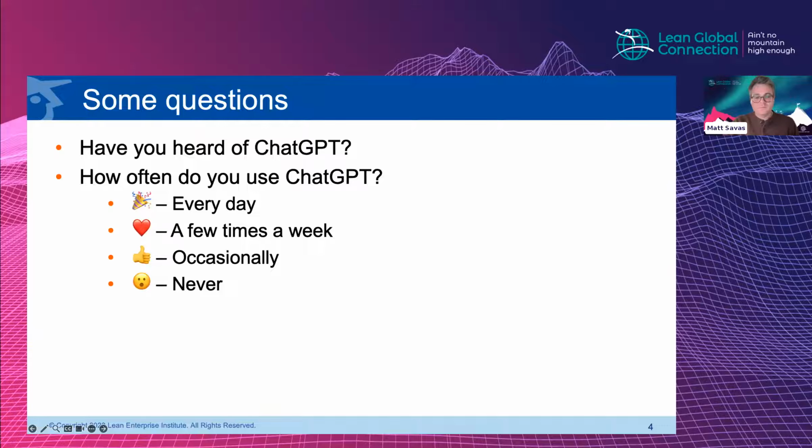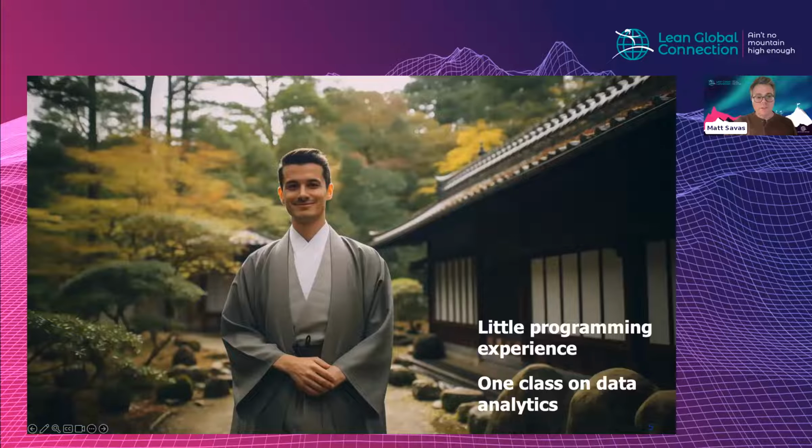Okay. Now, a little bit about me. Again, this is generative AI. I'm not that good looking in real life, as you can tell if you see my face here. Hair is gray. This guy is not. But I studied East Asian studies, especially Japanese history and language in college, and I have really no programming experience. I moved to Japan not to learn anything about Toyota or Lean.